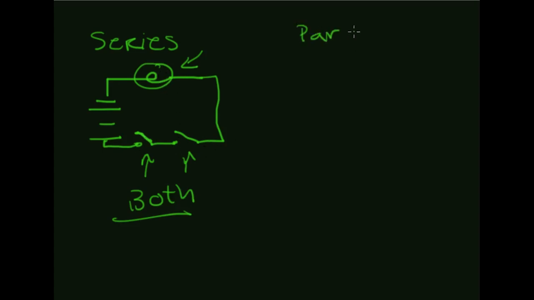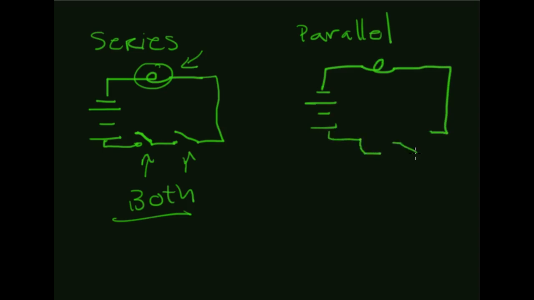But we can also, like the lamps, wire the switches in parallel. As you come along here, you've got the lamp, and then we get a fork in the path. You get one switch on one part of the fork and one switch on the other part of the fork.